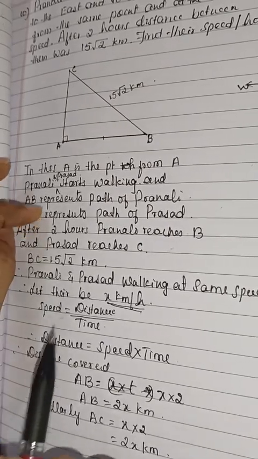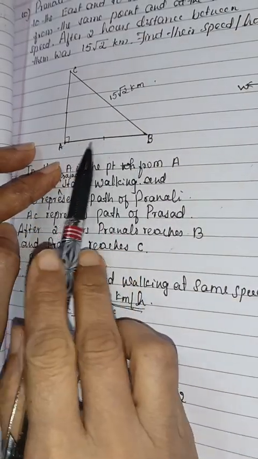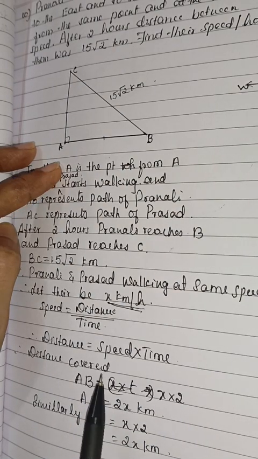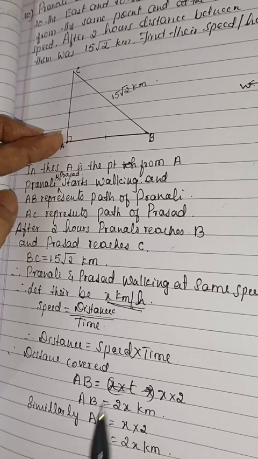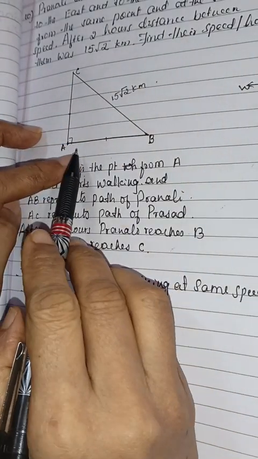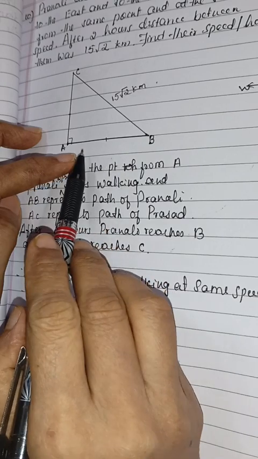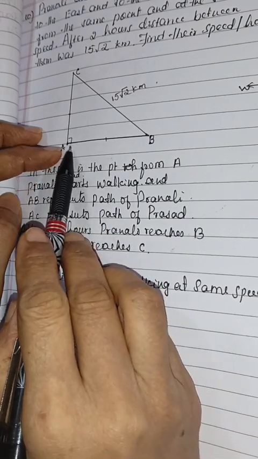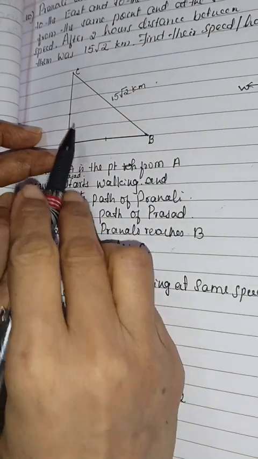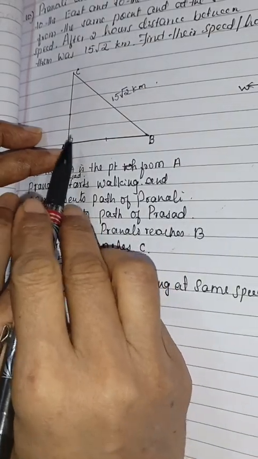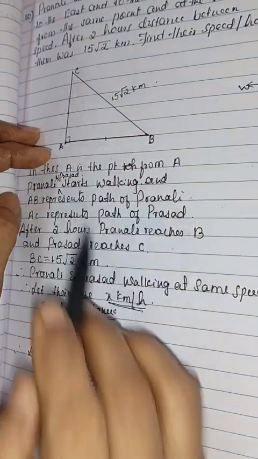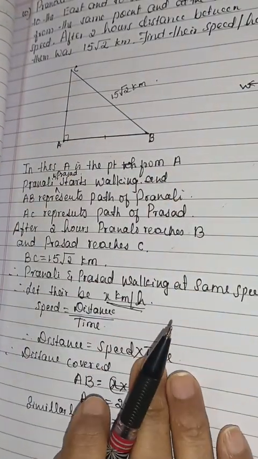Both are at the same speed and they walked the same time, so AB is 2x, AC is also 2x.